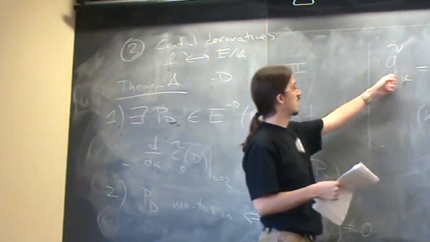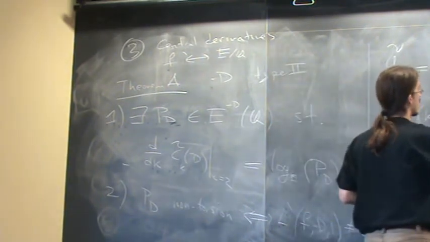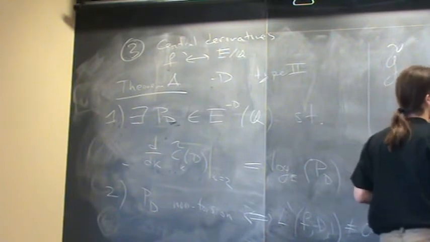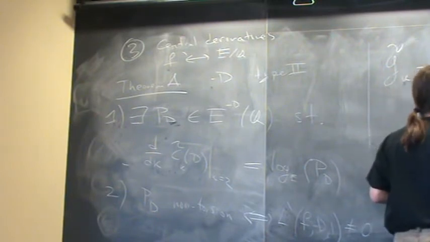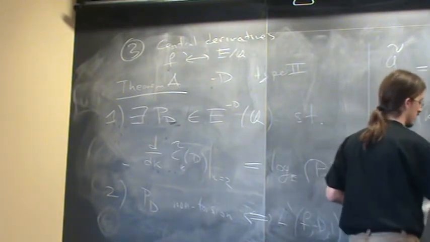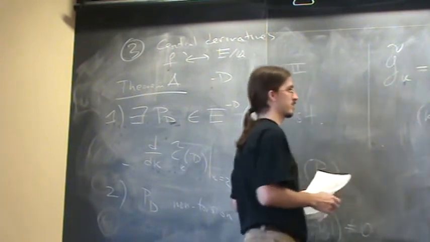So when you take the derivative with respect to k, you get the sum over D of type 2 of the logarithm of P sub D, and then of course, you get similar terms.